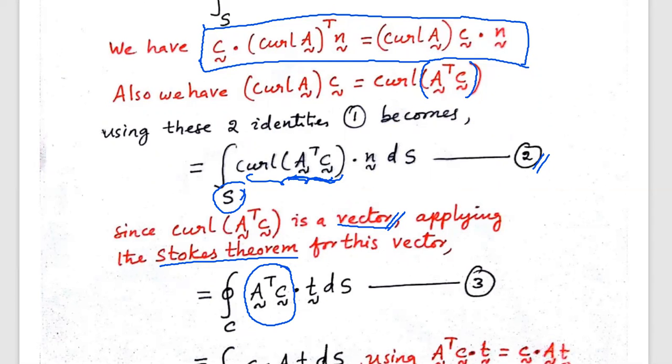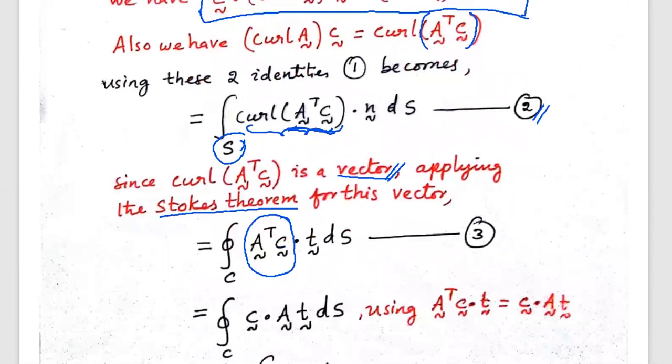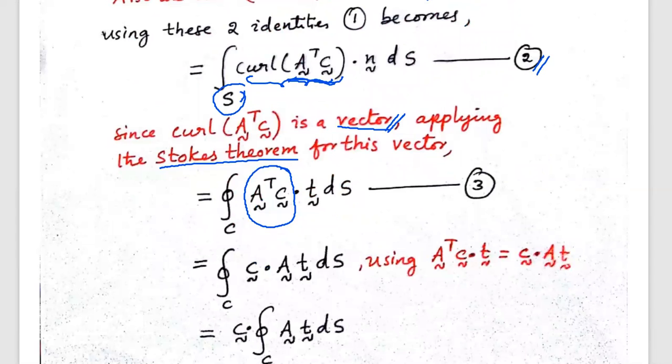Now, let us use one more identity. What is the identity? We have this identity: A transpose c dot T is equal to c dot A T. We have proved this also in our earlier classes, right?